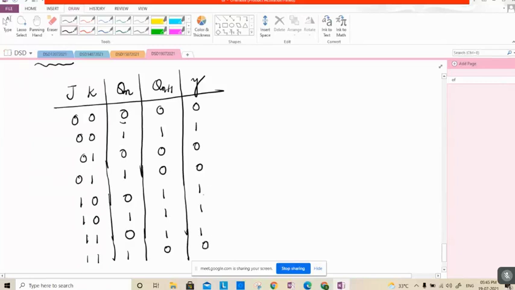Right. Now tell me how many states are present here? 2 states. Right. So this is S naught, and this is S1.